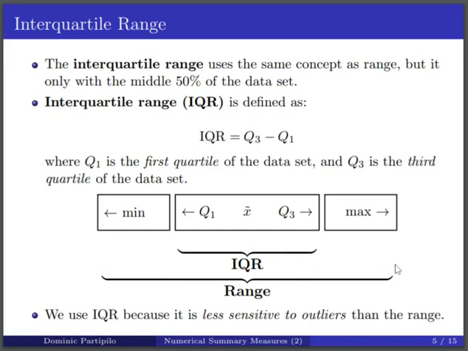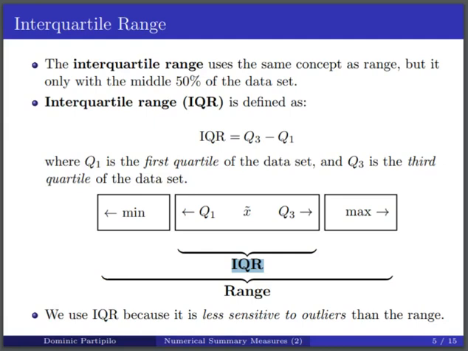You might be wondering, why wouldn't we want to use range? IQR is only concerned with the middle 50% of the data points. The reason we don't want to use range here is because the range includes all the outliers. And if we're trying to get a feel for the overall spread of the data set, we don't really want to include outliers, because outliers could really distort our view of how spread out the data points are.